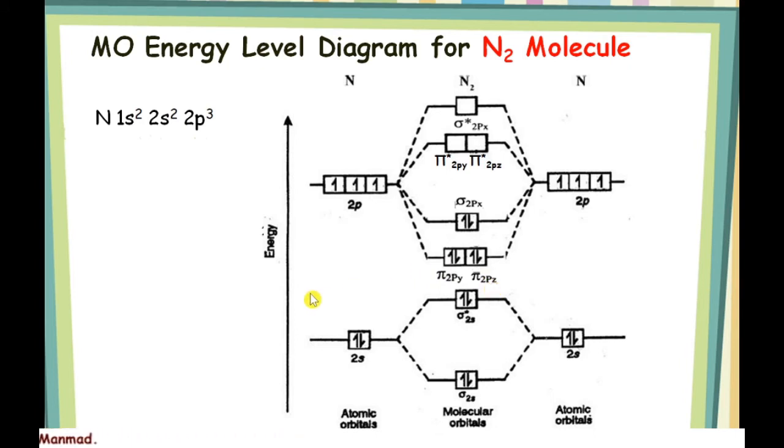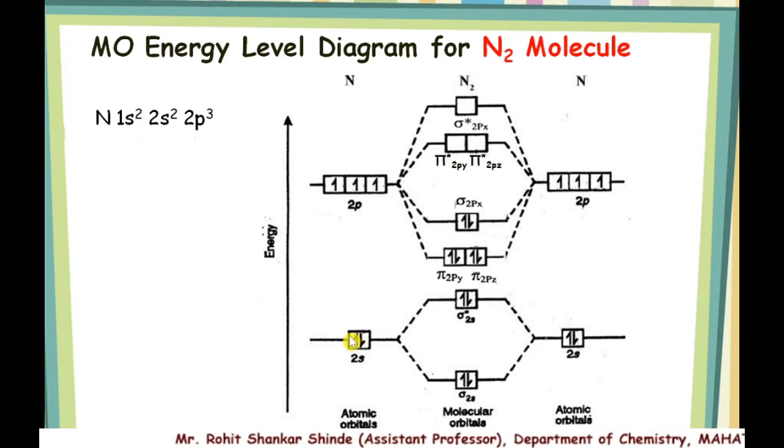While writing the electronic configuration of N2 molecule, for the 1s2 electrons of each nitrogen atom, a letter K is written. Remaining 10 electrons, 5 electrons of each nitrogen, are filled in molecular orbitals by following Aufbau principle and Hund's rule of maximum spin multiplicity. This diagram shows the molecular orbital energy level diagram for N2 molecule.